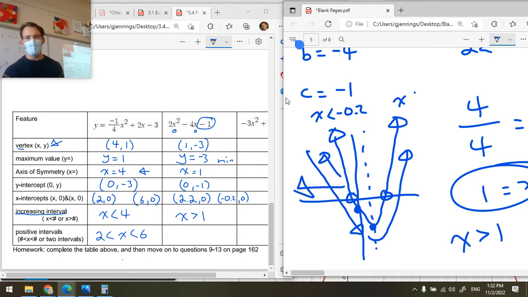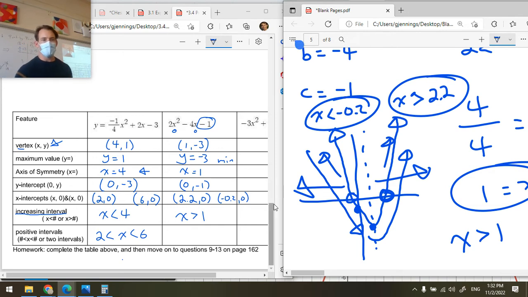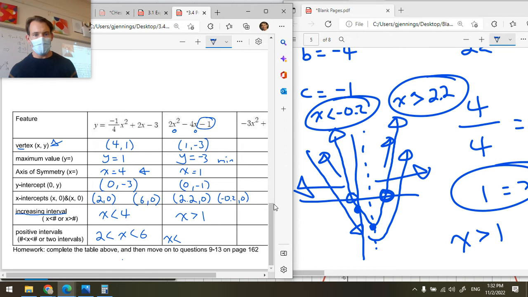If x is more than 2.2, that means if x is from there and over, it's also positive. So there we have two values of x that give us positive intervals. So we would have x is less than negative 0.2, or x is greater than 2.2 would be the two intervals that are positive in this case.